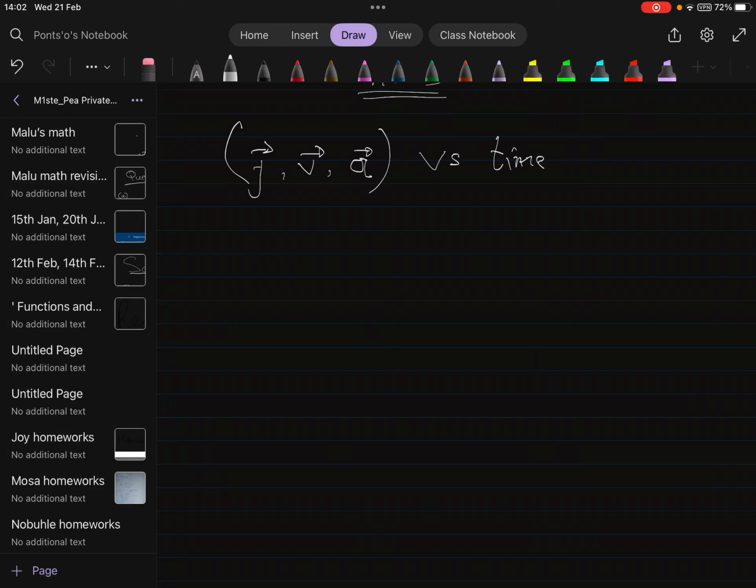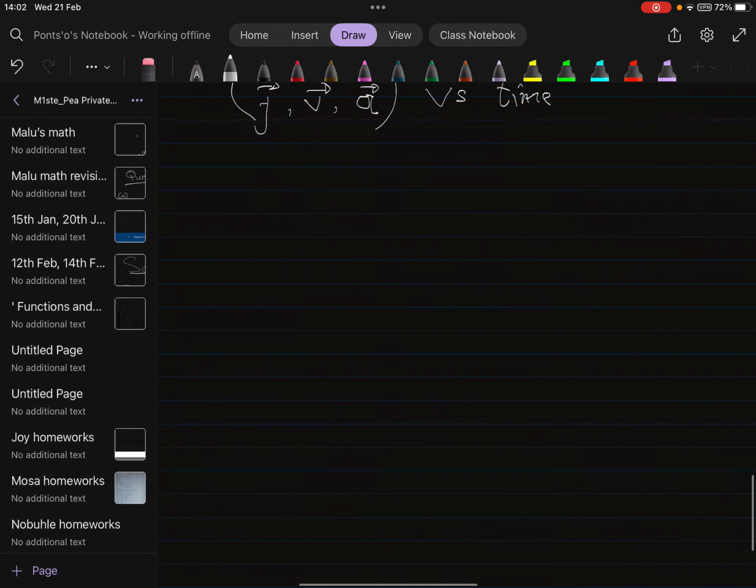But apparently in grade 10, we learned about the graphs to describe rectilinear motion with constant acceleration. And we used similar graphs in the last lesson, 2 lessons ago with Mosiah. So because of that, we can apply similar concepts, and we're just gonna go over some revision from grade 10.